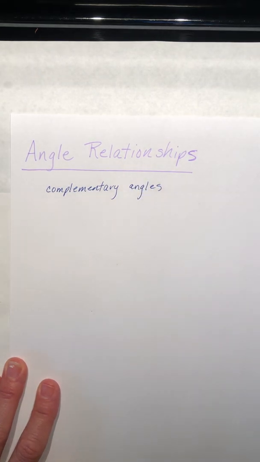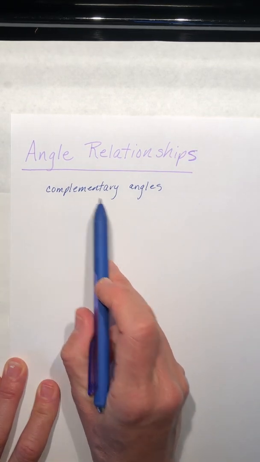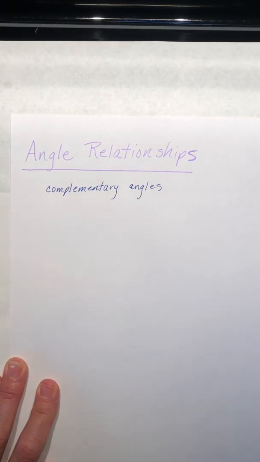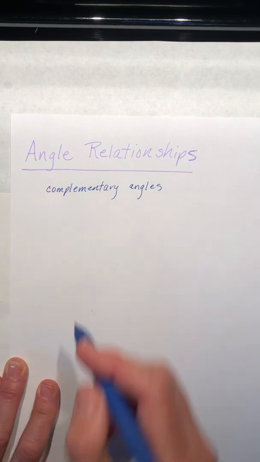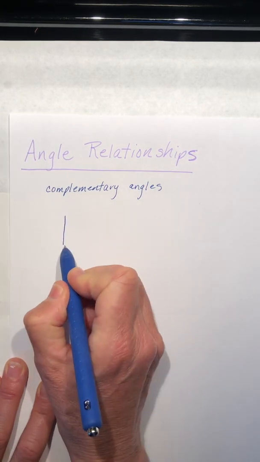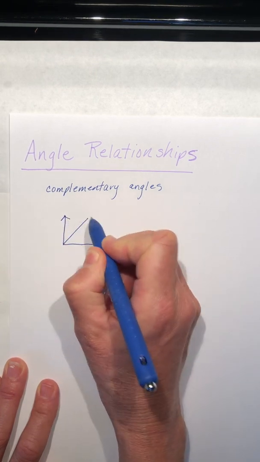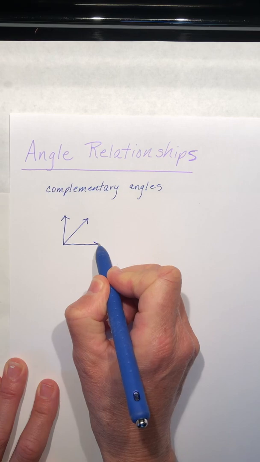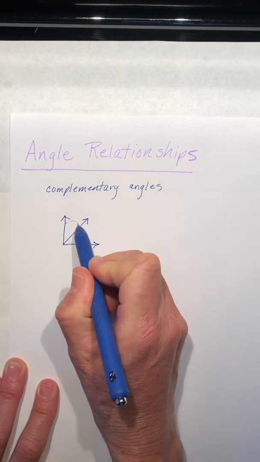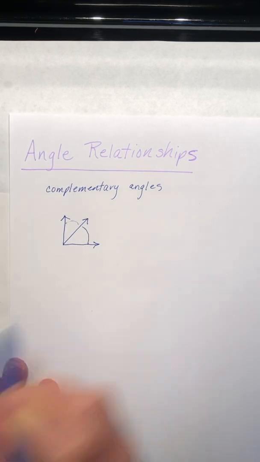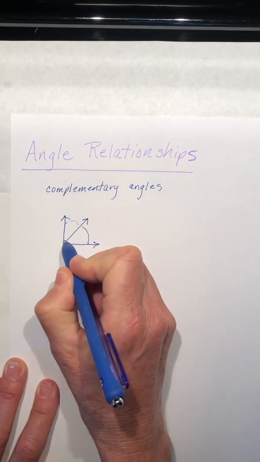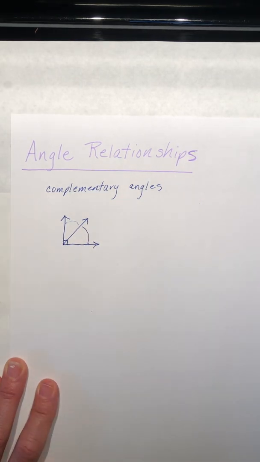So just like when we say the word, for instance, twins, we know we're talking about two people. And when we say the phrase complementary angles, we know we're talking about two angles. So complementary angles are any two angles that add up to 90 degrees. So I have this angle right in here and this angle right in here. And together they are forming a square corner.